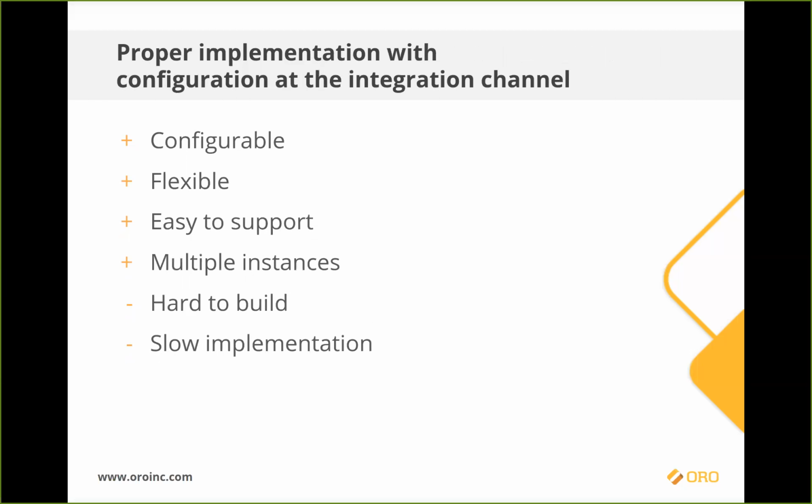And the last one, most flexible, is the proper implementation with the configuration at the integration channel. So you define some integration, you have the client, you have the transport and everything, but the configuration is added at the moment when you add this configuration to the system. So you can add many instances of this specific integration with different configurations.